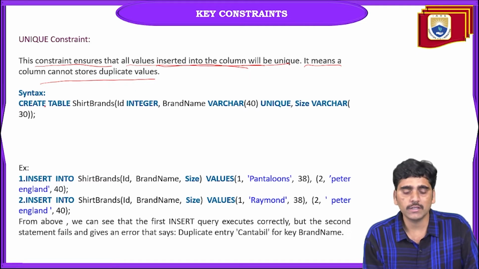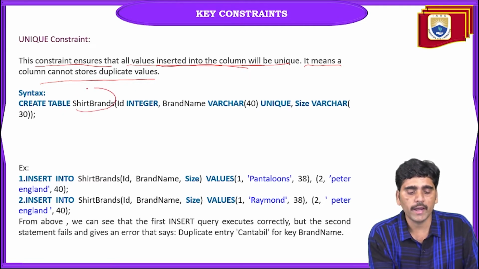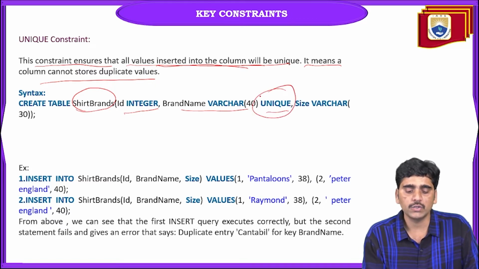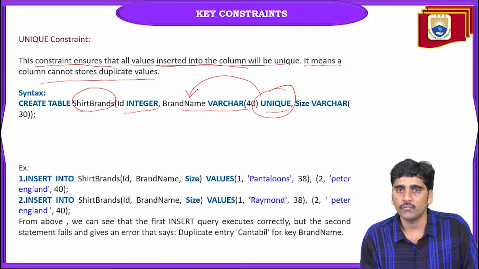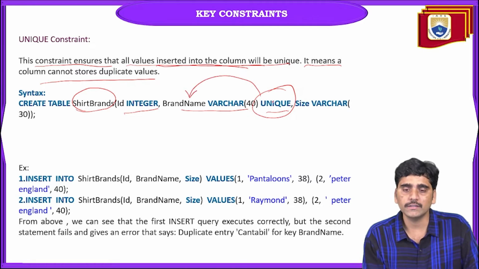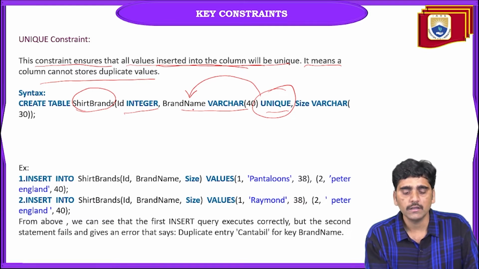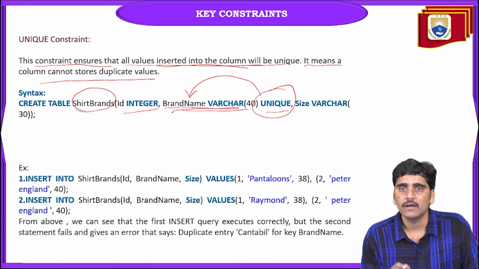So the syntax is what? Create table shirt brands. This is the table name, ID integer, brand name varchar unique, and the last one is size varchar. Here varchar and integer are the data types. We are specifying the unique constraint to the brand name column. That means the brand name column cannot have any duplicate values.